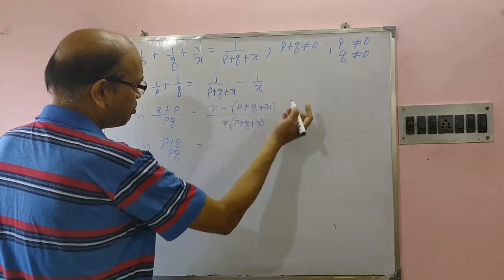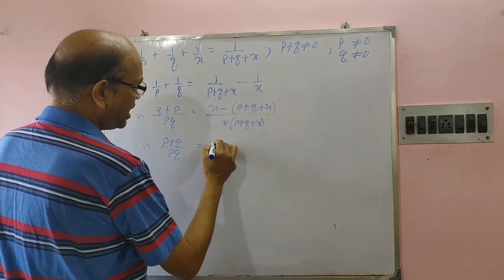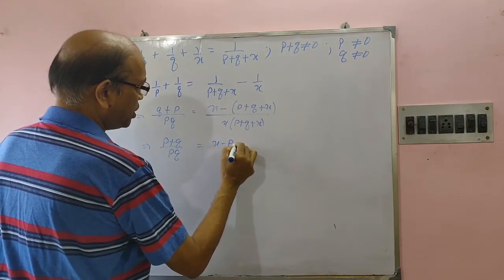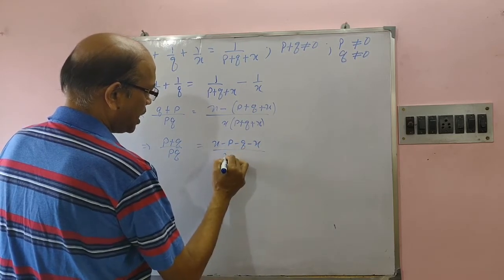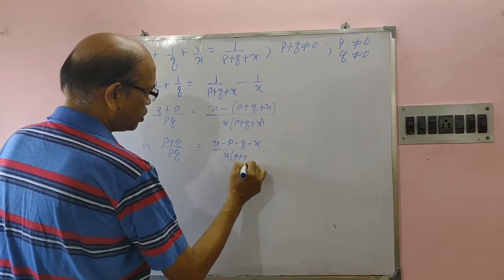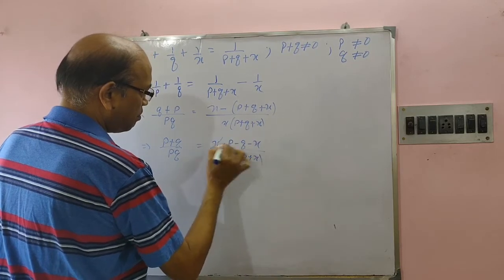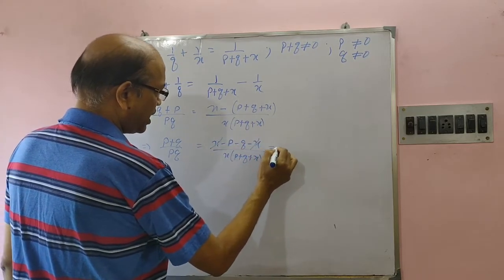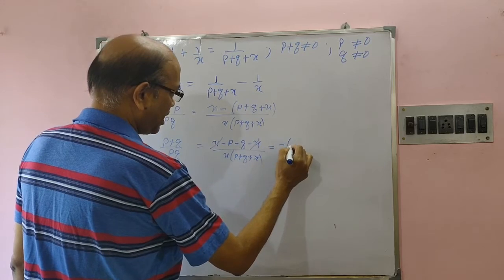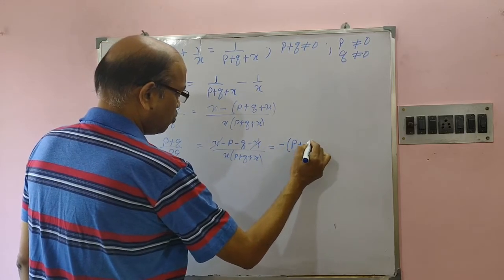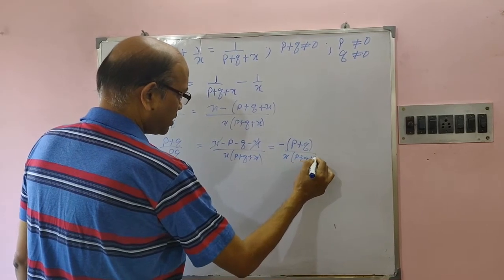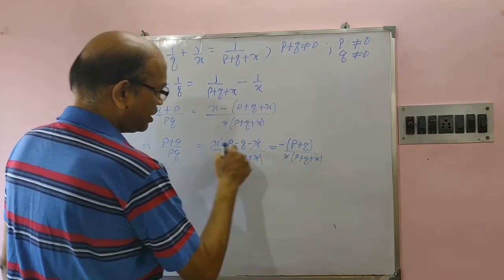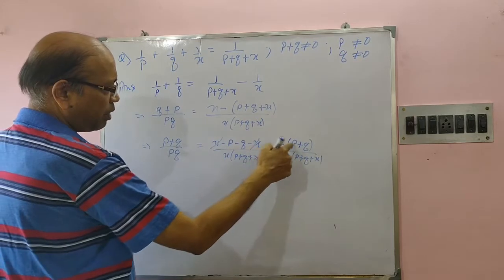Then this will open up the bracket. So what I get: x minus p minus q minus x by x into p plus q plus x; x gets cancelled out. So what I get here is minus common. If I take p plus q by x into p plus q plus x, I take the minus common here, so I get p plus q.